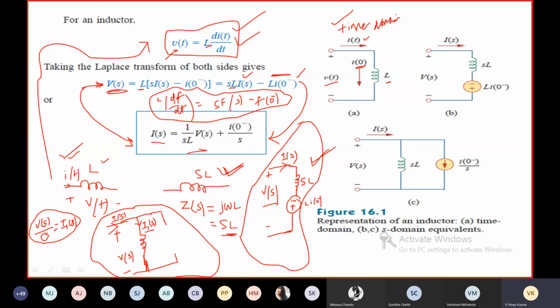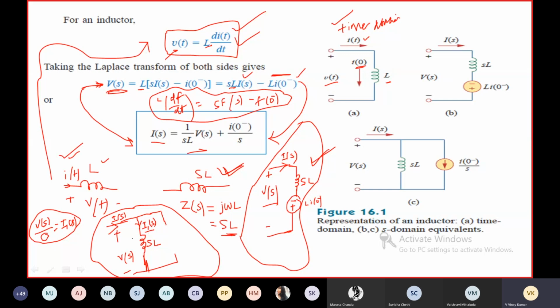So V of S by I1 of S must be equal to what? SL. So this will be SL. This is the impedance of the inductor. Now we can check.